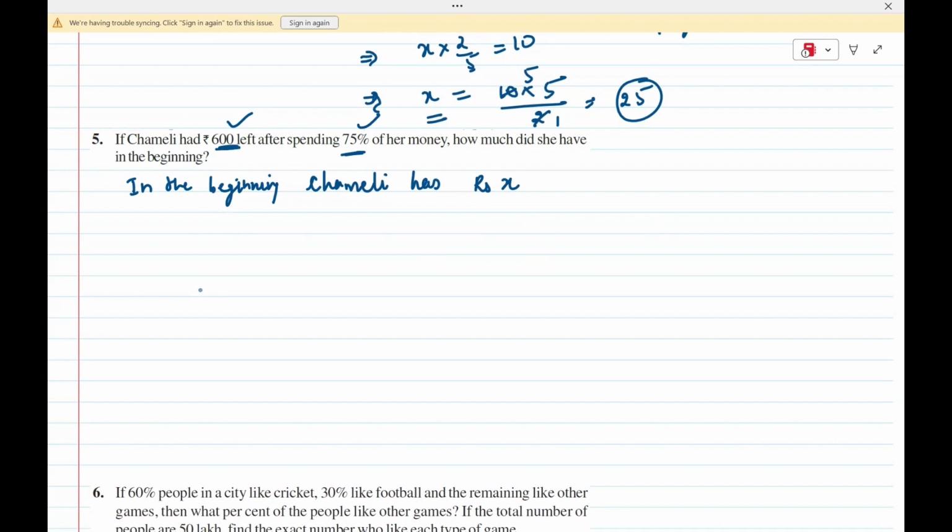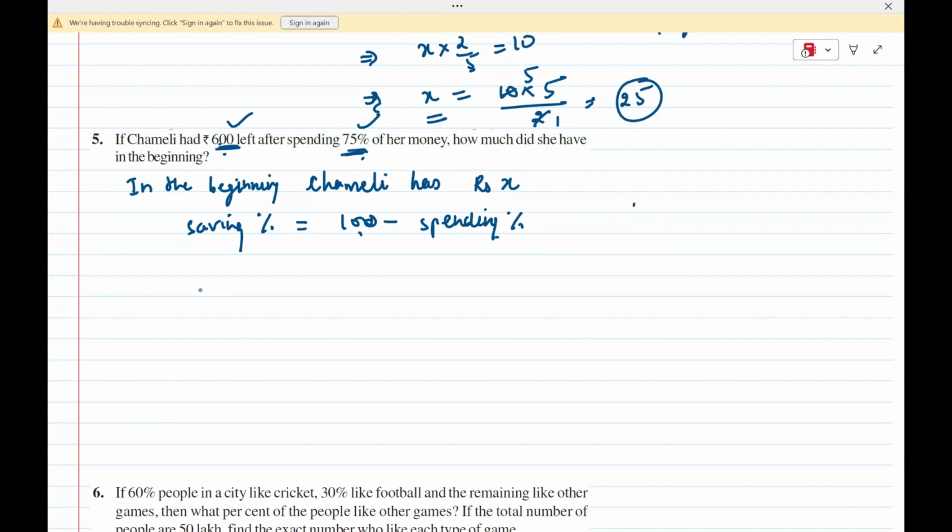Now this is left, means saving, and this is spending. So I need to calculate saving percent. How to calculate that? I can say saving percentage is 100 minus spending percentage, because total percentage is always 100. So out of 100, if I minus the spending, I will get saving.